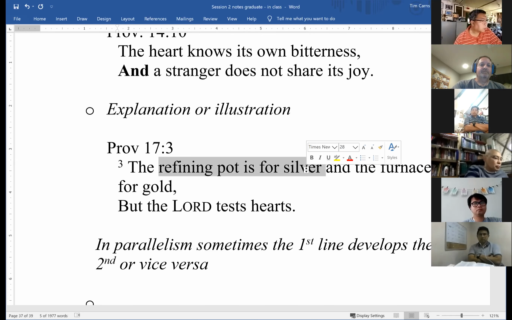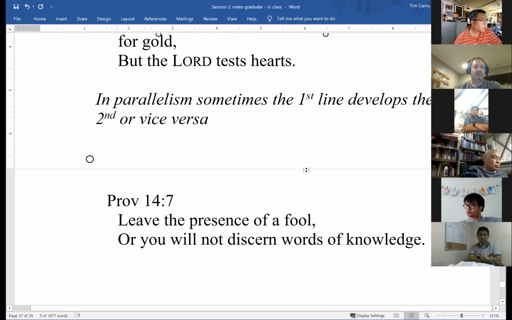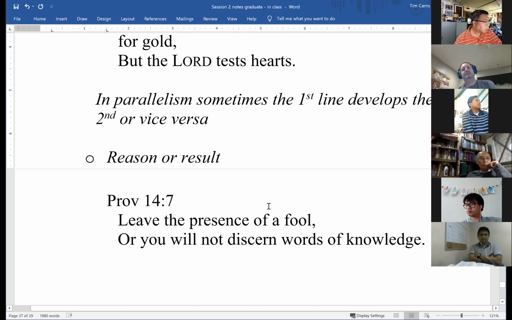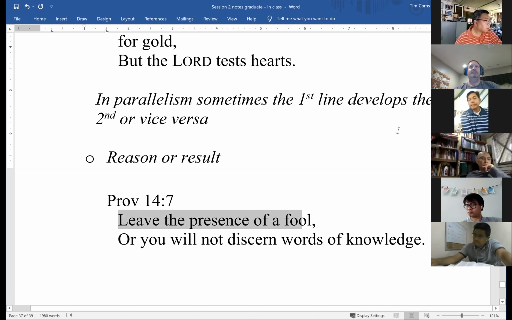All right, and then finally, a third type of developmental parallelism is a reason or a result. That is, one line gives the reason or result of the other. So here, notice here's the statement, leave the presence of a fool. And then look at the second line.